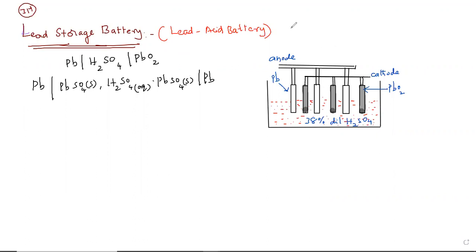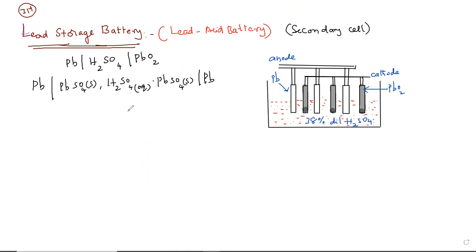It's also known as a secondary cell. You have heard about what a secondary cell is. It means that the cell can be operated in either direction of the reaction. That means recharging and discharging are both possible for this kind of cell.